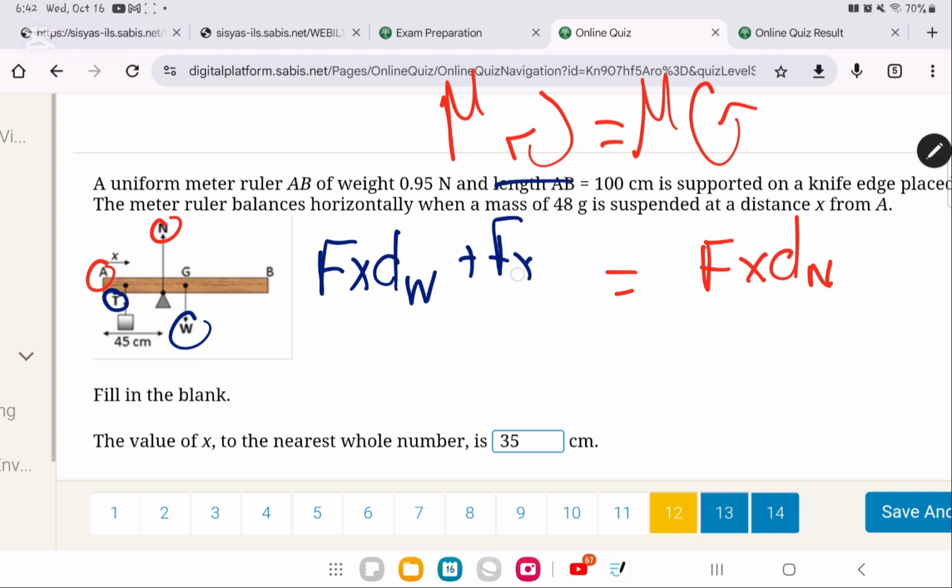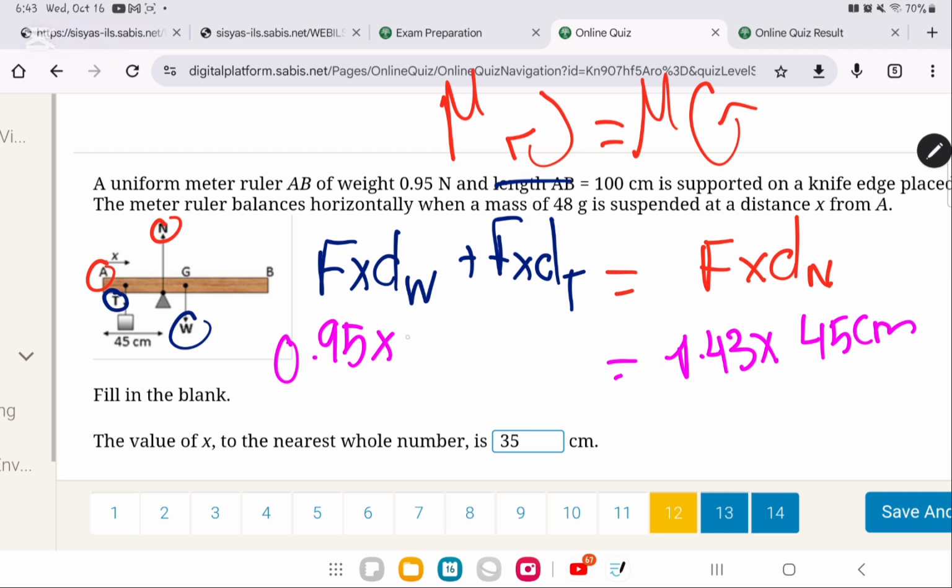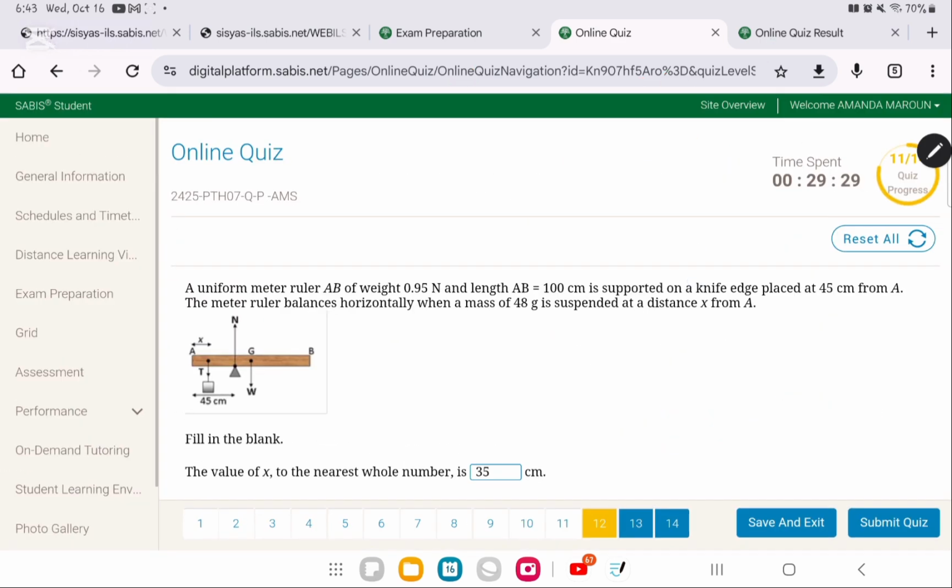So it's going to be force times distance of T. If you substitute it, the force of N, if you remember, we got it was 1.43 multiplied by the distance of N, which is 45 centimeters, is equal to the force of W, which is 0.95 newtons multiplied by the distance of W, which is 50 centimeters, plus the force of T, which is 0.48 newtons multiplied by the distance of T, which is X. Then, if you solve it, you will get that X is 35 centimeters. So these are two ways you can do this.